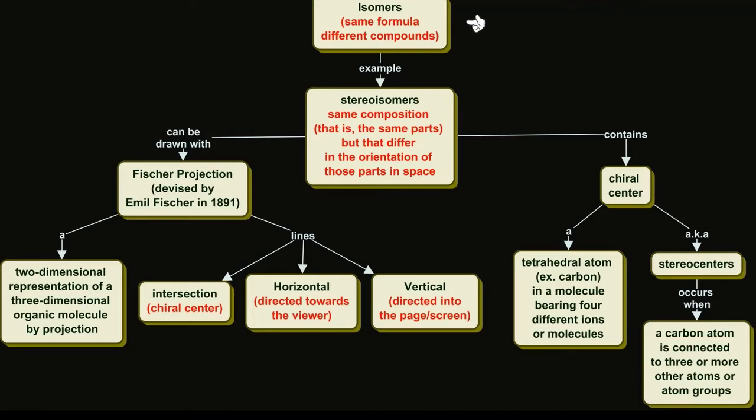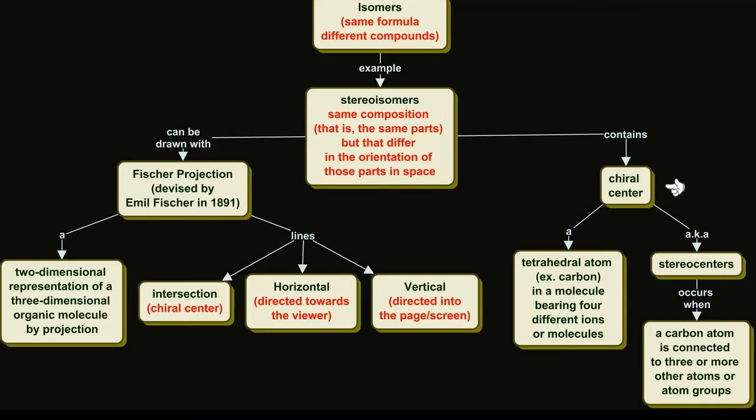So now, what is a stereoisomer? Stereoisomers are molecular structures with the same composition, but they differ in their orientation of those compositions in space. So again, stereoisomer is just part of the general isomers.